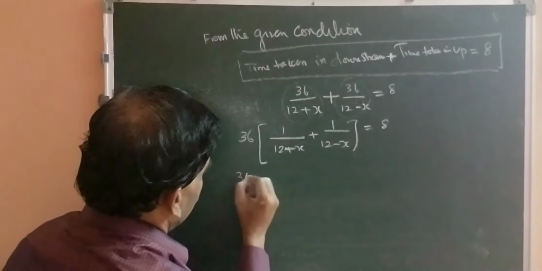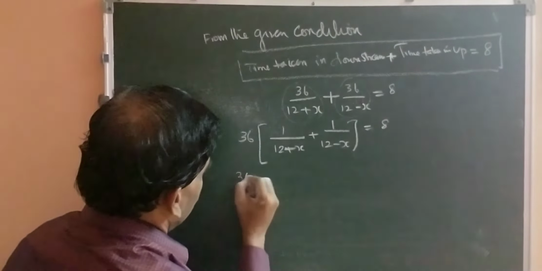So 12 minus x plus 12 plus x equals 8. That gives 24 upon, using a plus b into a minus b equals a square minus b square, 144 minus x square.